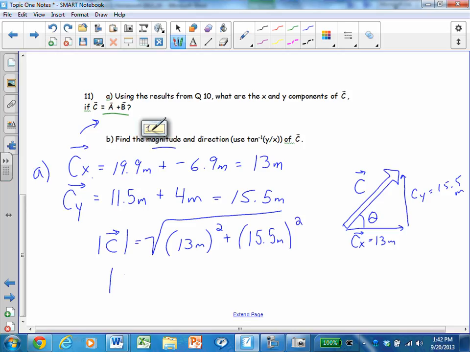That equals the square root of 13 squared plus 15.5 squared. Whoops, gosh. 20.2 meters.